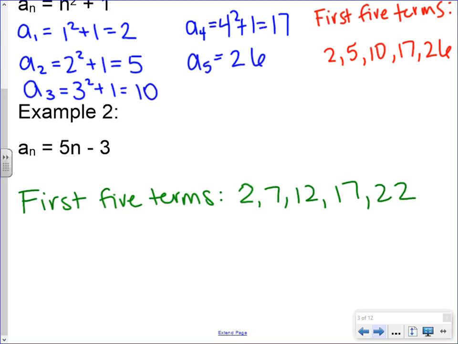Okay, now we are going to have to go backwards. I'm going to give you 2, 7, 12, 17, 22, and you have to figure out that our sequence is 5n minus 3. Now, before we do that, I have a question for you.